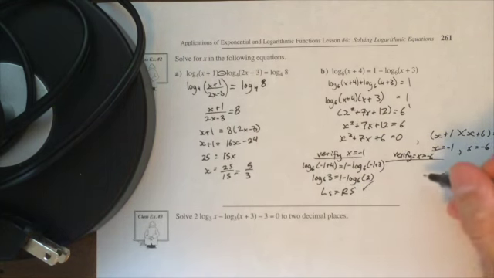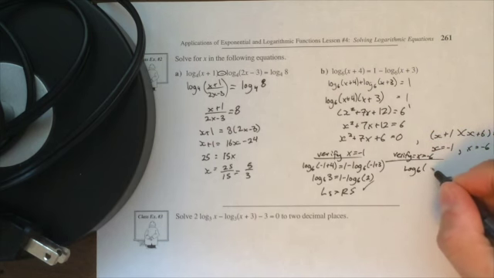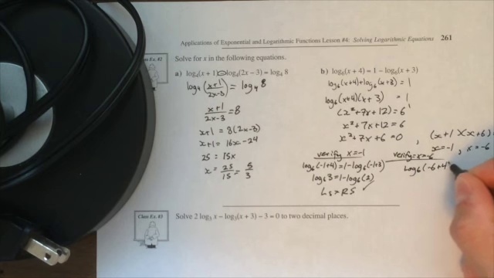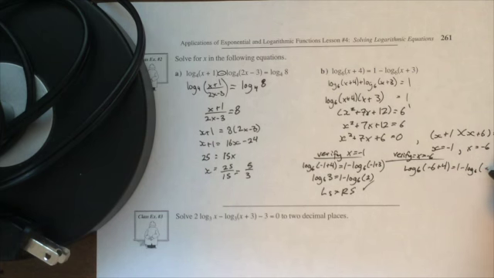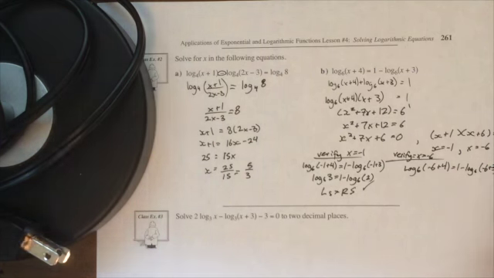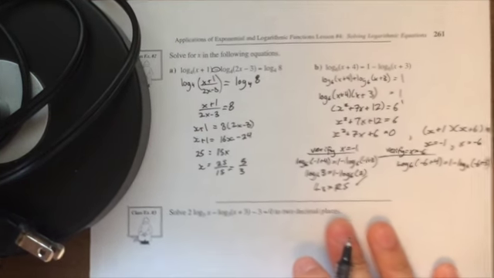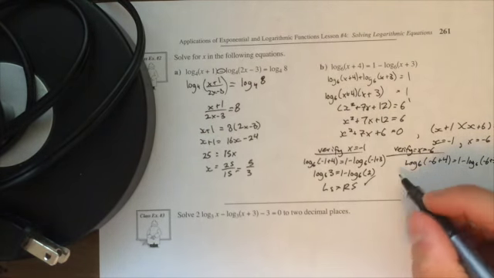Now let's see the other side. I have log 6 of -6 plus 4 is equal to 1 minus log 6 of -6 plus 3. Well, what we're going to have here are two negative arguments, and we can't have a negative argument, right?